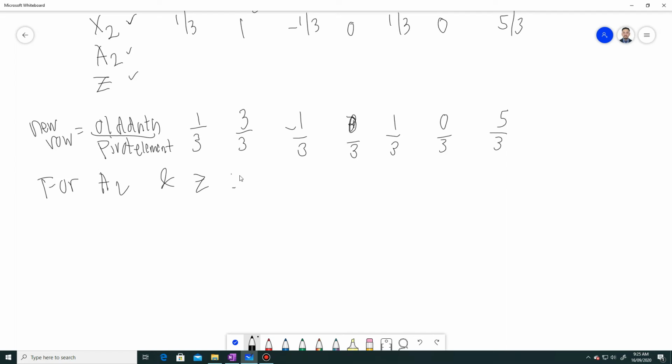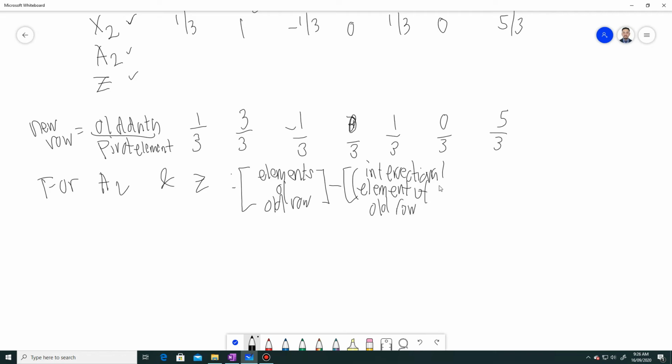The formula for a sub 2 and z is: elements of old row minus the quantity intersectional elements of old row multiplied by the corresponding elements in the replacing row.